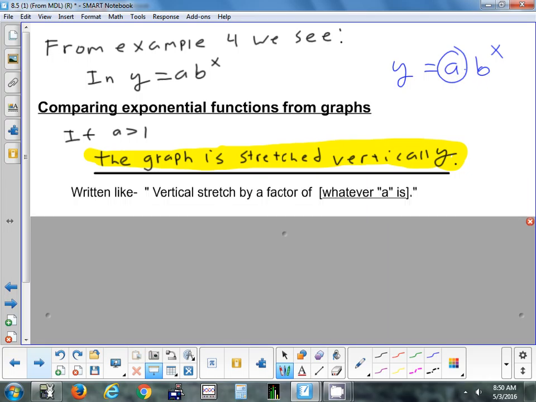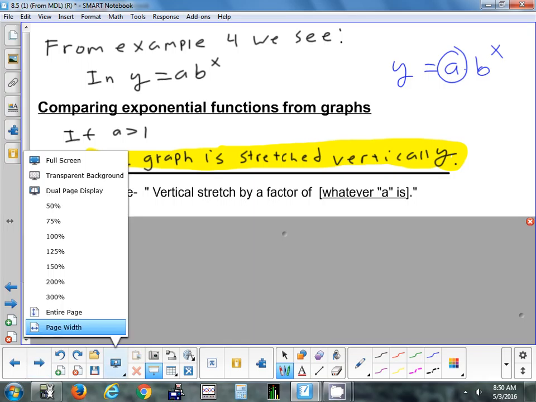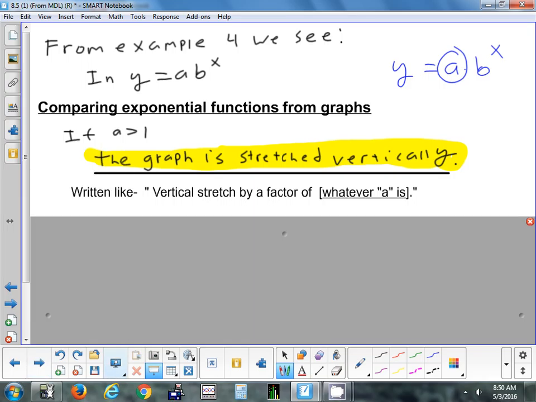And the way that you describe it, what we're going to ask you for on the test, is these exact words. We say that it's called a vertical stretch by a factor of, and then you fill in whatever A is. So let's say you had something like this. Y equals 2 to the x.